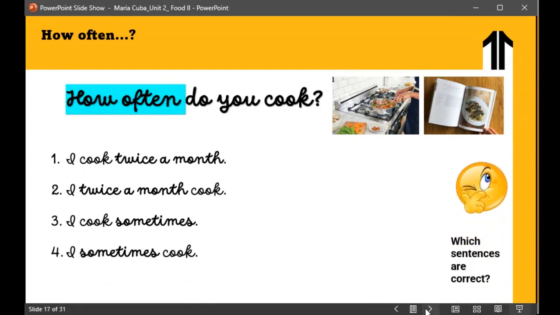So I want you to tell me which sentence or sentences are correct. Give me your ideas, please. You have 2 minutes. Think about them. What or which sentence or sentences are correct? Which sentences are correct?